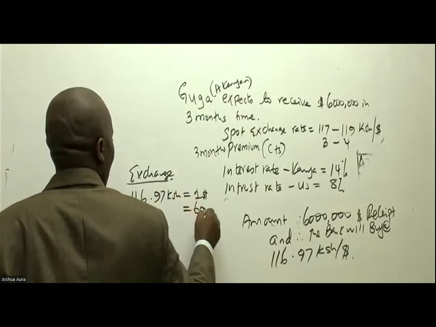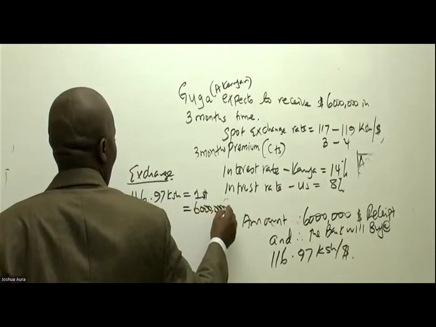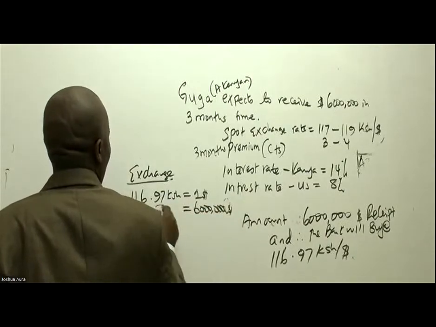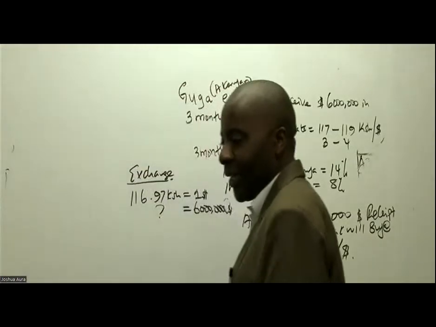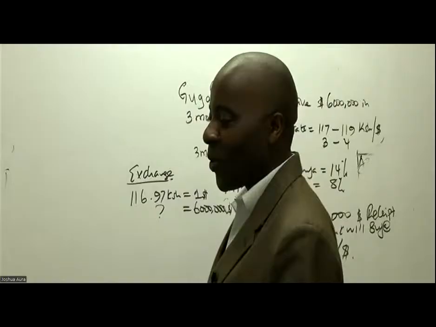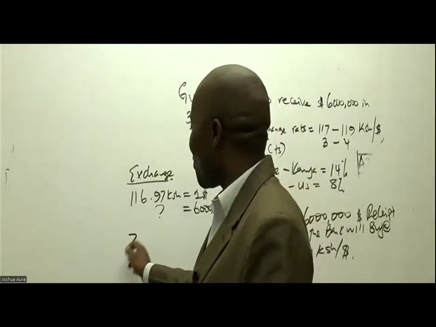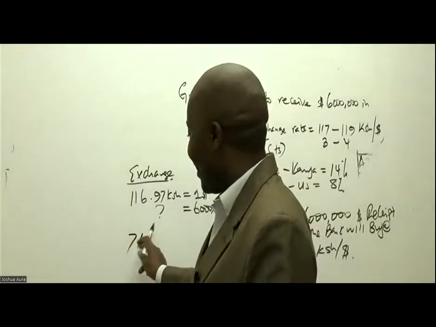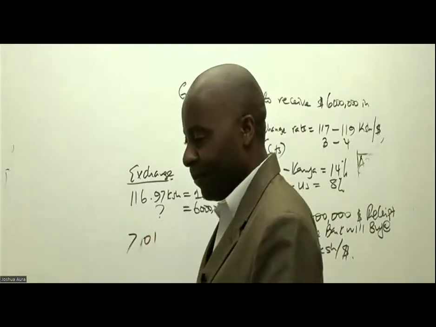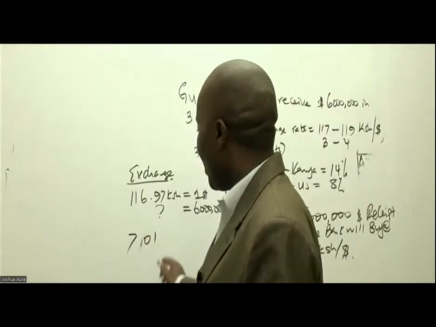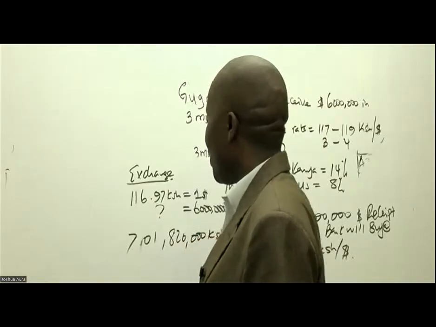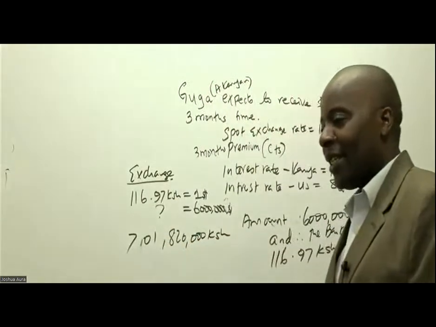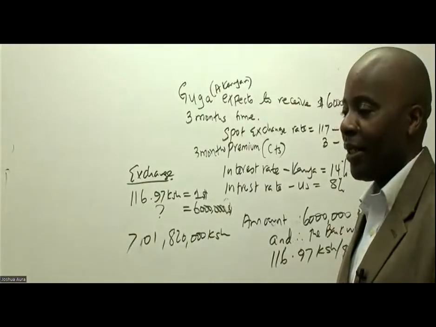How about 6 million US dollars? Please cross multiply and see whether these men who had tried it got it correct. It is supposed to be 701,820,000 Kenya shillings. Please underline that.